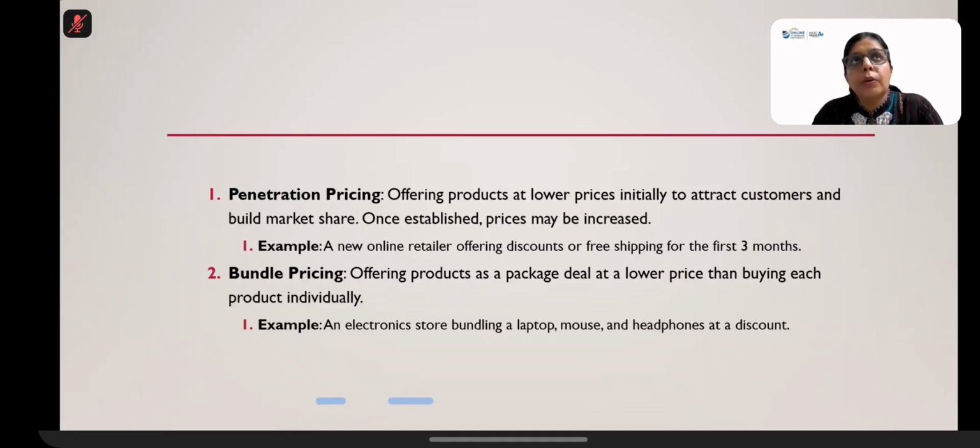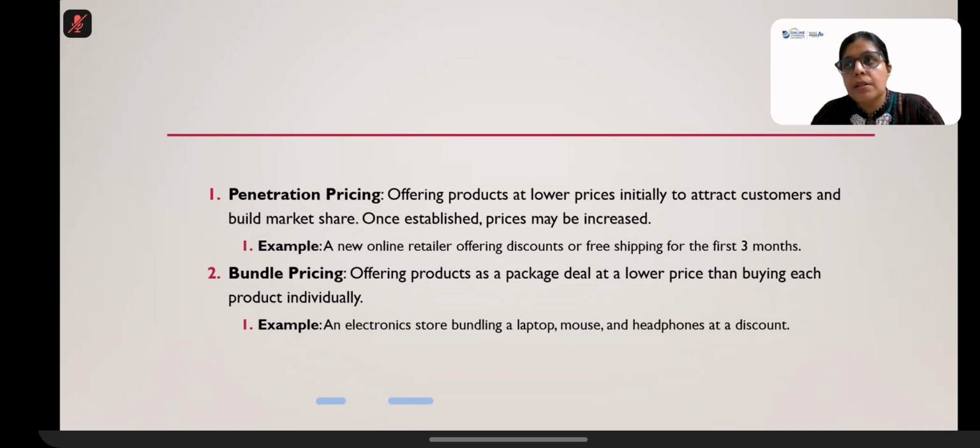Okay, especially when your product is innovative and the features are different, until competitors copy those features and bring the same product to the market, you sell your product at a high price and earn a good profit by using this skimming strategy. So penetration and skimming are two opposite things, but both are pricing strategies and both are being used till date by many sellers. Next is our bundle pricing.